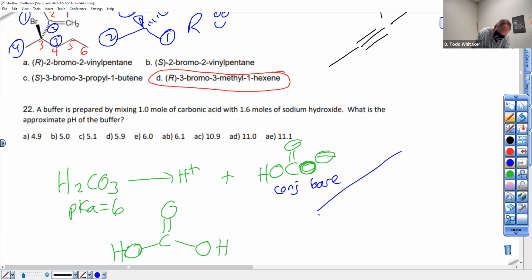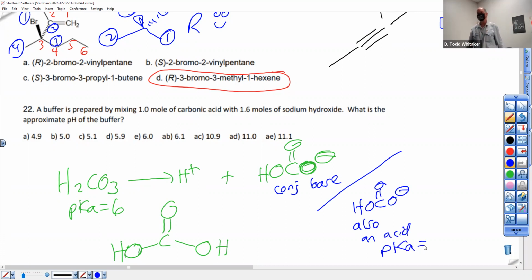But it could be an acid if it needs to be. pKa equals what? You can't go below 6. I mean, it's the second proton, and they don't go down in number. They go up. They're harder to take off, the second one than the first one. So what's the number? You say 11? Nice answer. There you go.